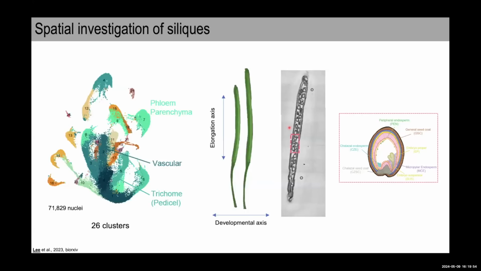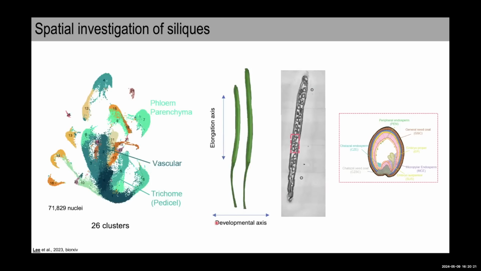And on the other end, performing the spatial investigation of Siliques, what we have is this high level of complexity where we observe 26 different clusters over 70,000 nuclei. And I believe this stems from the fact that we have these different axes of development that may be causing these cells to be slightly different from each other.